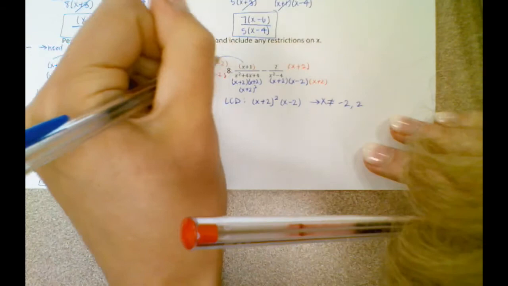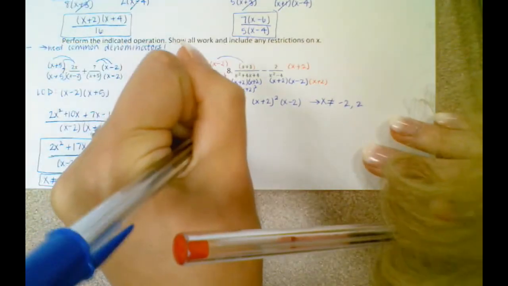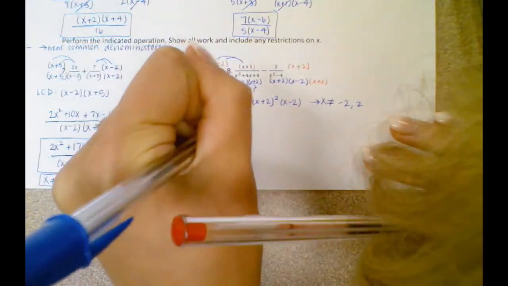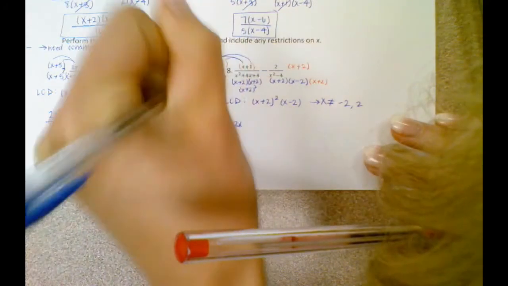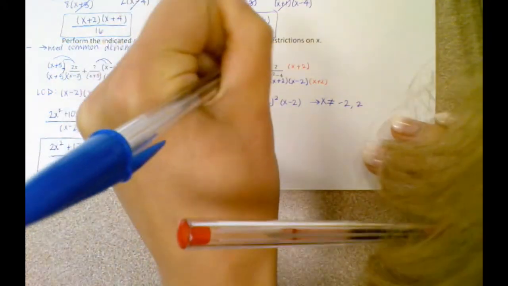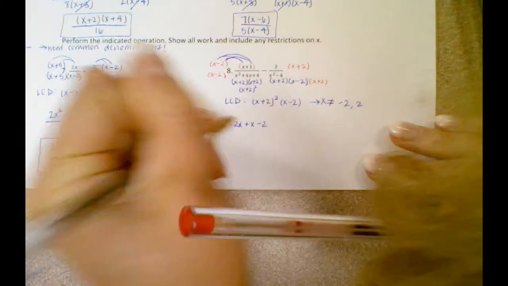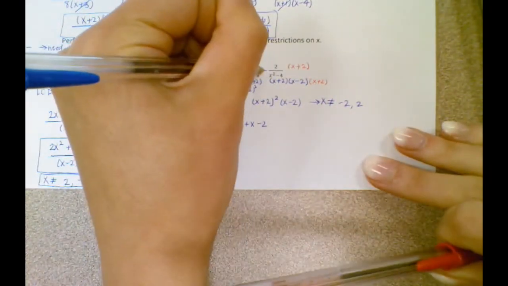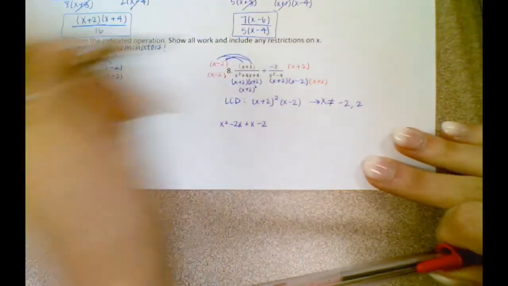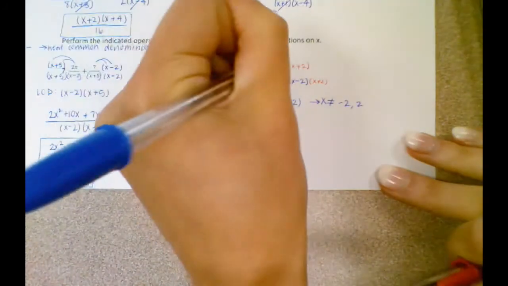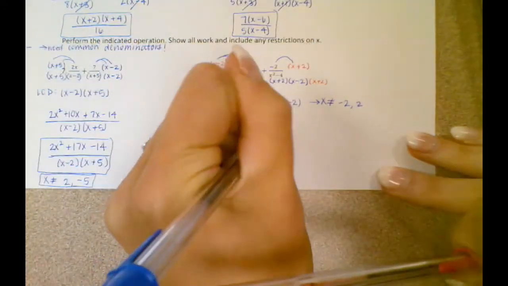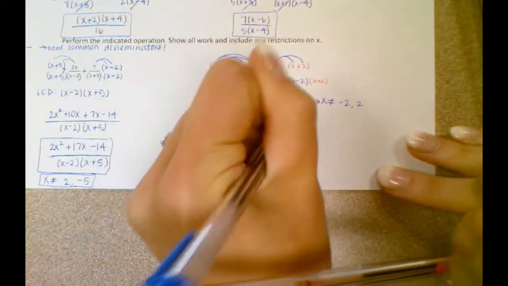Alrighty, so I get x squared minus 2x plus 2x minus 2. And I'm going to make this a plus sign and distribute the negative. So I'm really multiplying this negative 2 by x, which is negative 2x minus 4.